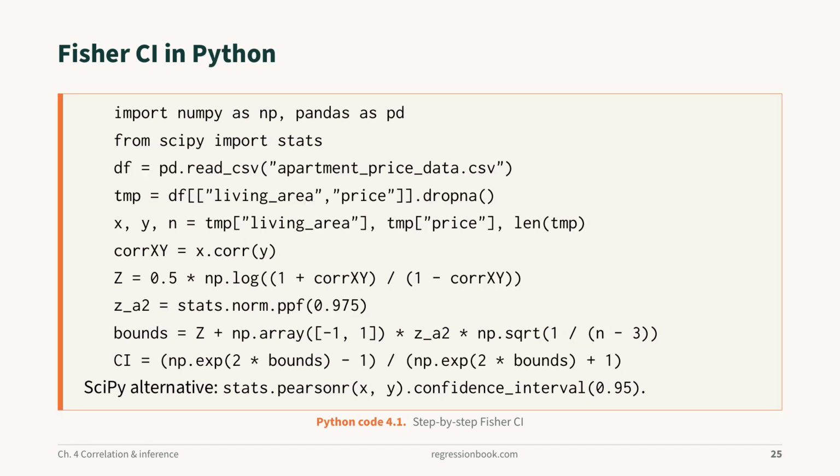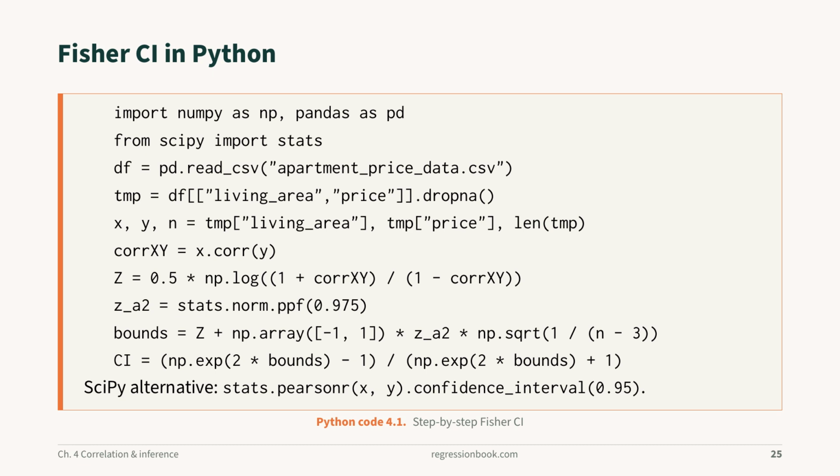Python mirrors the same pipeline with NumPy and SciPy, and the vectorized trick is worth noticing. Both endpoints are computed at once by adding a plus and minus array. Modern SciPy also offers the shortcut, a confidence interval method directly on the correlation result.